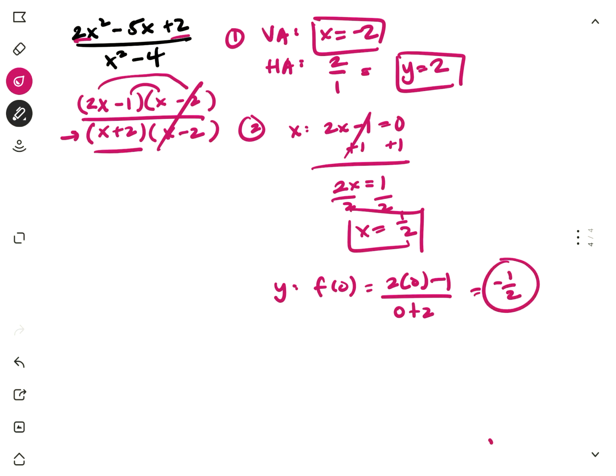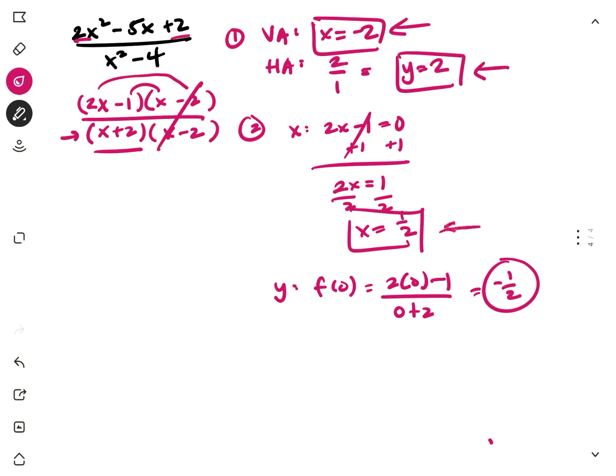Okay, so let's just check that we got all our stuff here. Vertical asymptote is x equals -2. Horizontal asymptote, y equals 2. We have 1 x-intercept, or zero, at 1/2. And then we have a y-intercept of -1/2.